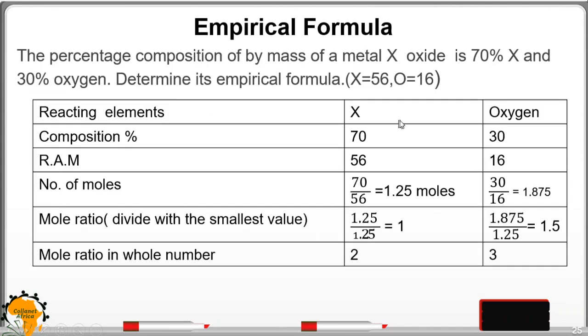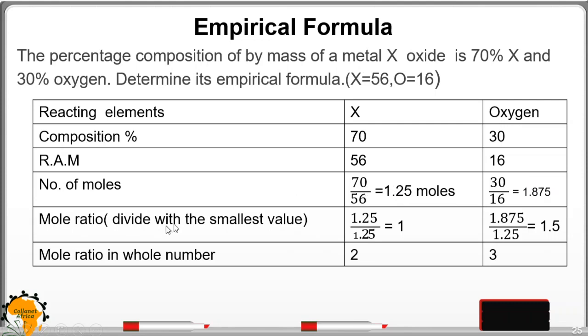So reacting elements X and oxygen, composition 70 and 30, RAM 56 for X, 16 for oxygen. Then you divide to get the number of moles. This one will get 1.25, while the other one is 1.875.